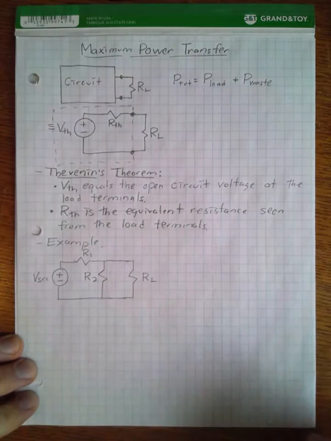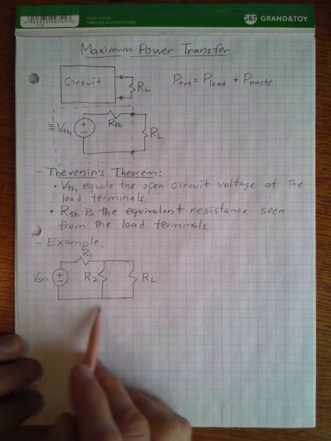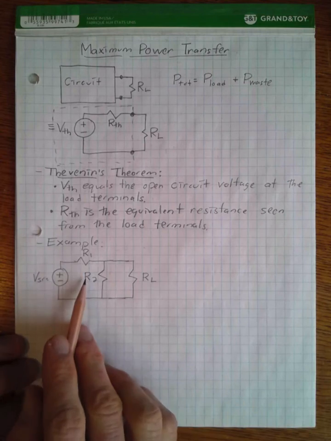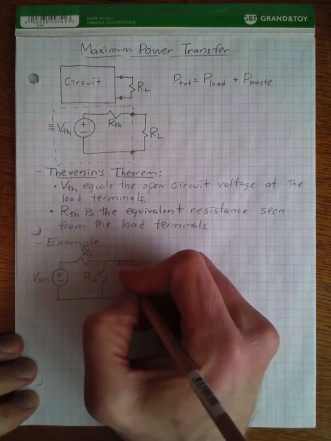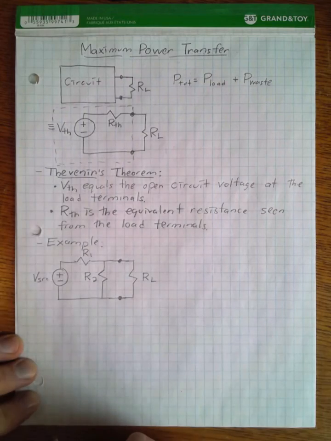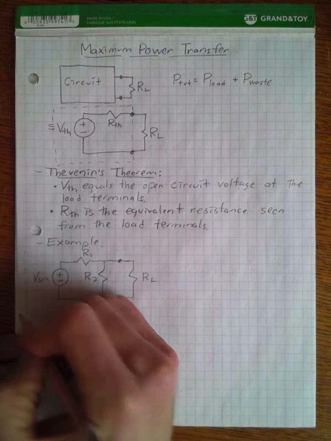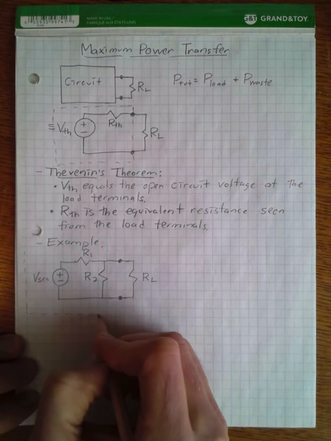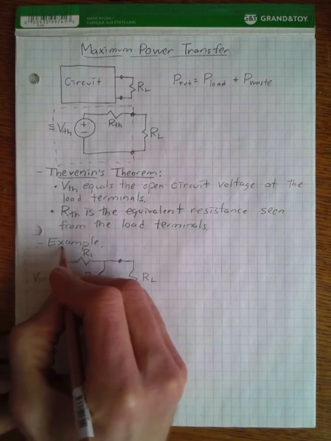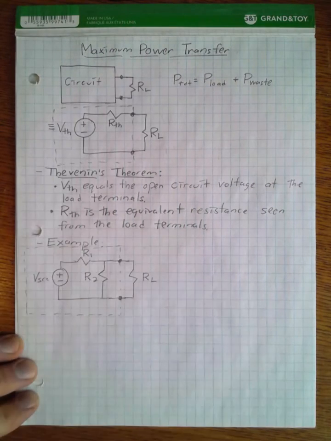And just to make it more clear about what we mean by this, let's do an example. So let's consider this circuit where we have R1, R2, and then some load. And let's represent these two nodes as our load terminals, and then we want to find the Thevenin equivalent for everything inside this dotted box. Okay?